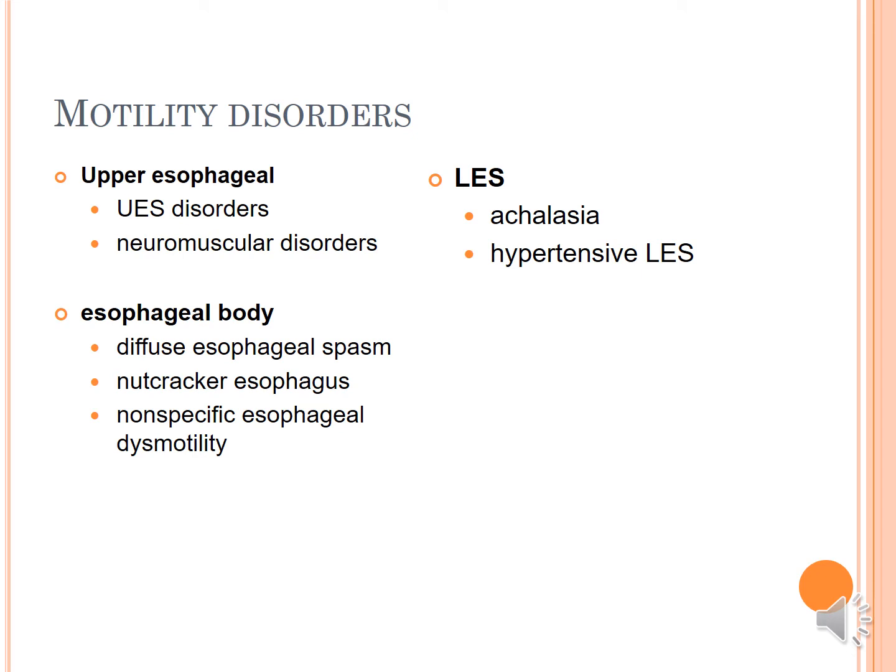Okay, now coming on to the motility disorders. It is further classified into the upper esophageal, the esophageal body as well as the lower esophageal sphincter. Upper esophageal disorders are neuromuscular disorders. In the esophageal body, we have the diffuse esophageal spasm, nutcracker esophagus, non-specific esophageal dysmotility, and in the lower esophagus we can have achalasia cardia or hypertensive lower esophageal sphincter.